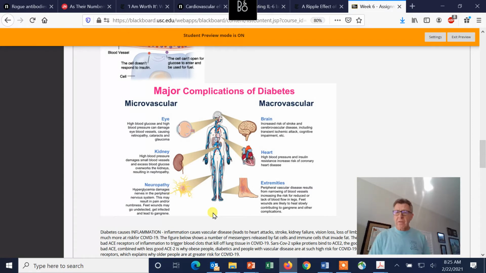Anywhere that blood goes is going to be impacted, especially those areas that need a lot of blood flow. And remember, if you're diabetic, you get inflammation in the blood vessels. They get candy coated. The eye doesn't get the nutrients that it needs, and you start having what's called retinopathy or diabetic blindness.